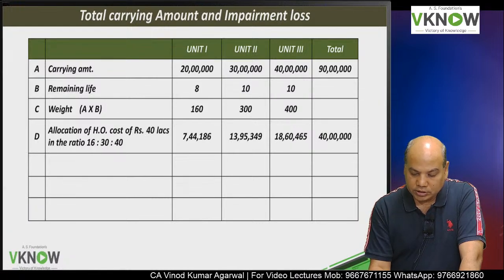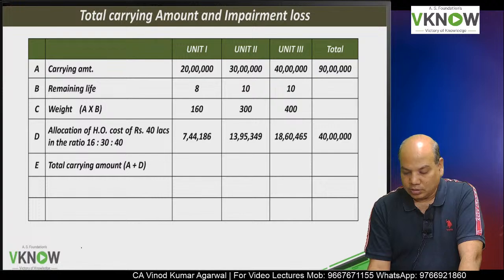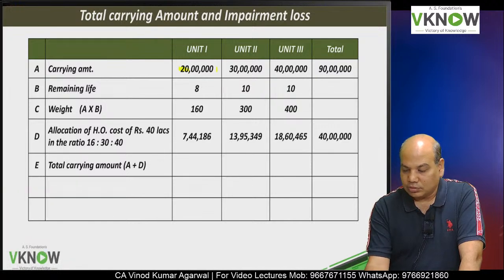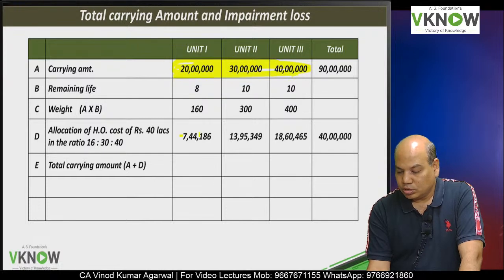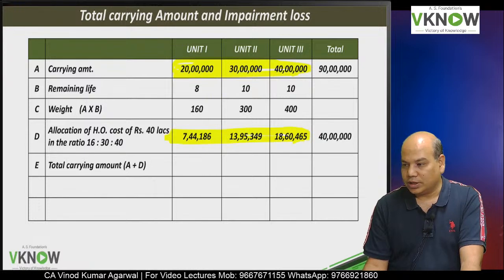Now next point is total carrying amount. Please take your calculator, add the carrying amount of the CGU, also add the HO cost allocated.